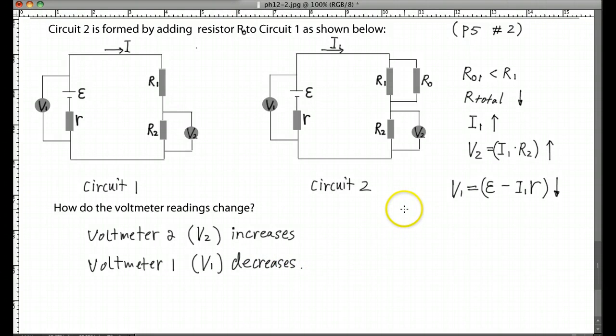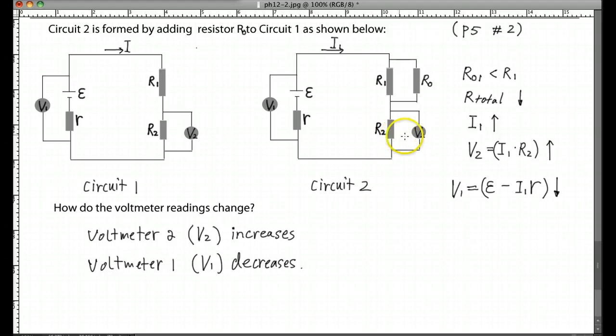Okay, some people might get stuck with this. Actually, if the question asks for the voltage on R1, they try to figure out V1, which of course equals the EMF minus I1 r, like we already did, but V1 is also the voltage drop on R1 plus R2. If you try to figure out how this voltage would change here, we're going to have a little bit of a problem.